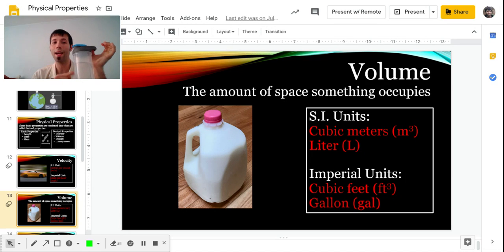But I could just as easily have filled this up with air, or with steel or chicken or whatever. I could put anything in here. So the volume is not telling me how much something weighs or how tall something is. It's telling me how much space something is taking up. I can use this cup to measure how much space any item is taking up in my water bottle. That's what volume is describing.